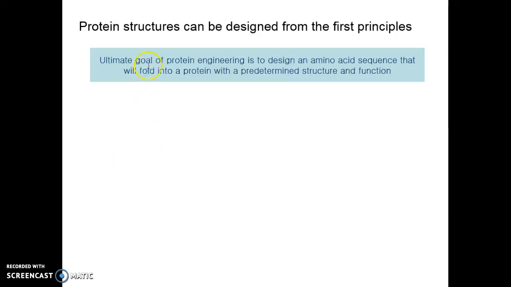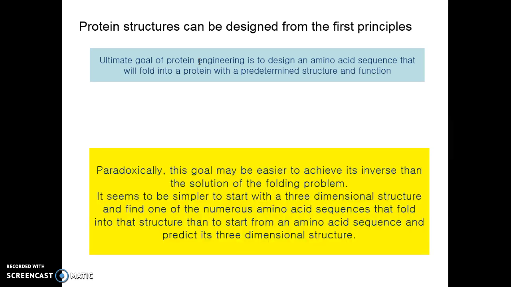The ultimate goal of protein engineering is to design an amino acid sequence that will fold into a protein with a predetermined structure and function. Paradoxically, this goal may be easier to achieve than its inverse, the solution of the protein folding problem.